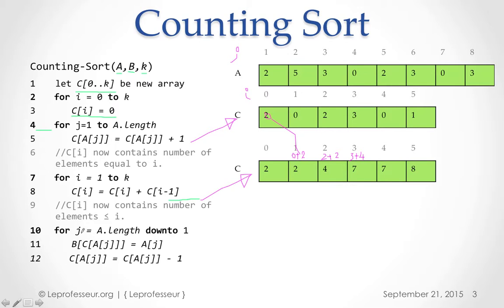When the loop executes the first time, what will j have? j will have the value 8. So here we will have B, then we have C, then we have A, and the j value would be 8.